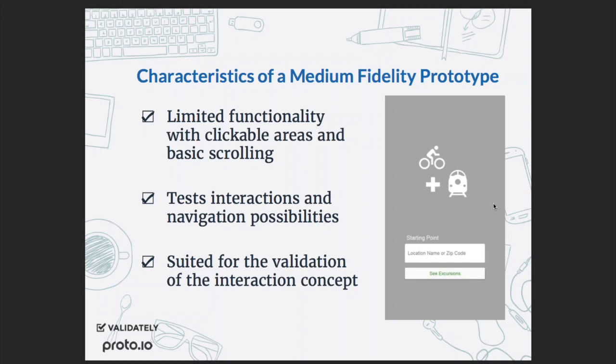You're testing now how our users are going to navigate through the app, the interaction, and also enough fidelity of the actual content itself. Since this is something that we learned in the low fidelity testing in terms of the concept, with what kind of information to present to people about the trail.